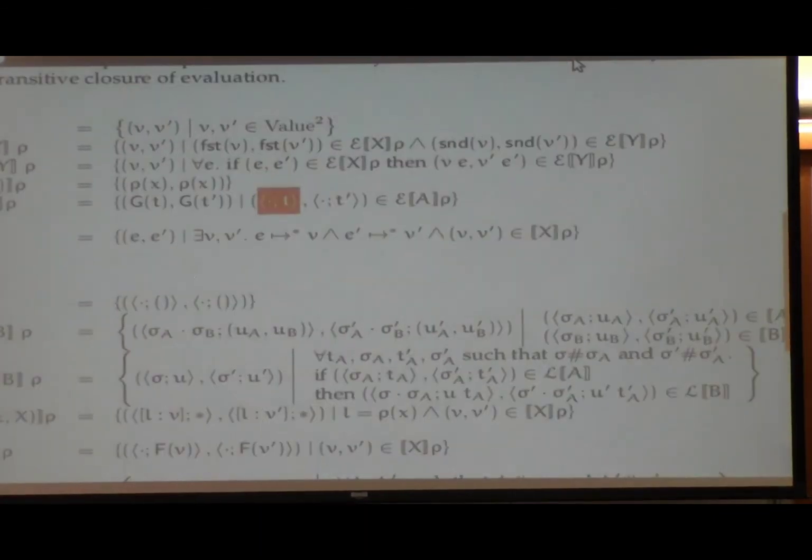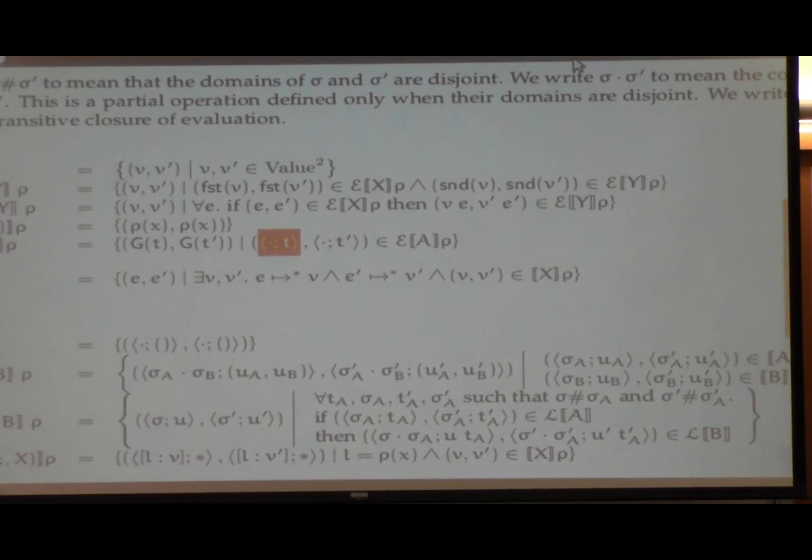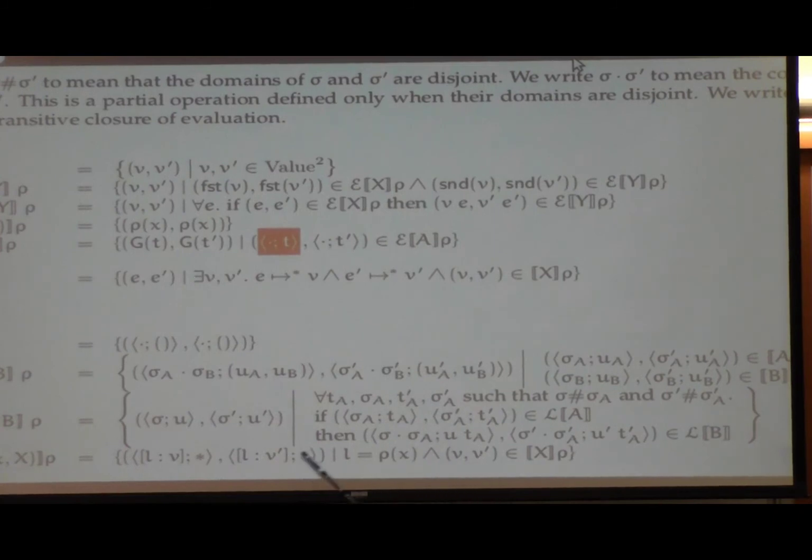So the function type right here, it's long, but it mimics the function rule from the intuitionistic case, where it says that if I have two values U and U prime, and I have two expressions t_A and t'_A of A, then U applied to t_A and U prime applied to t'_A are in B. And that's the same as in the intuitionistic case.